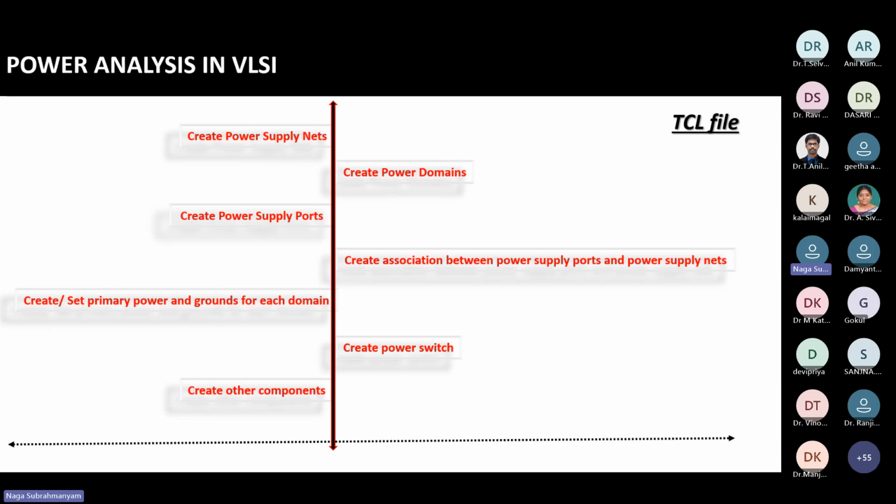All those power ports we will create in the UPF in order to verify those things. These are already there in the design, but when it comes to low power verification, we need to create all of these in the UPF. Using these, we will verify all those domains and all those ports.